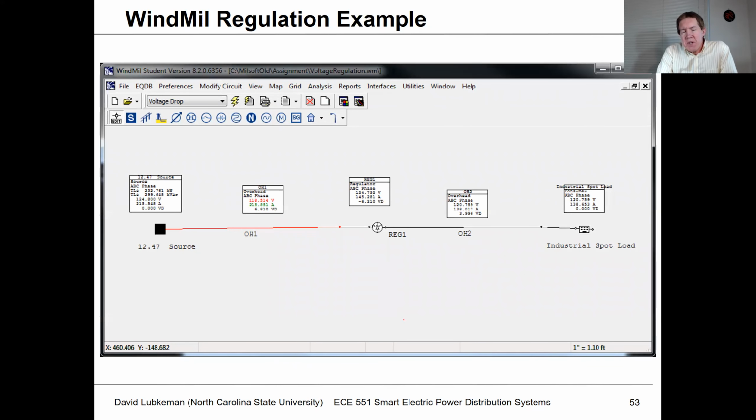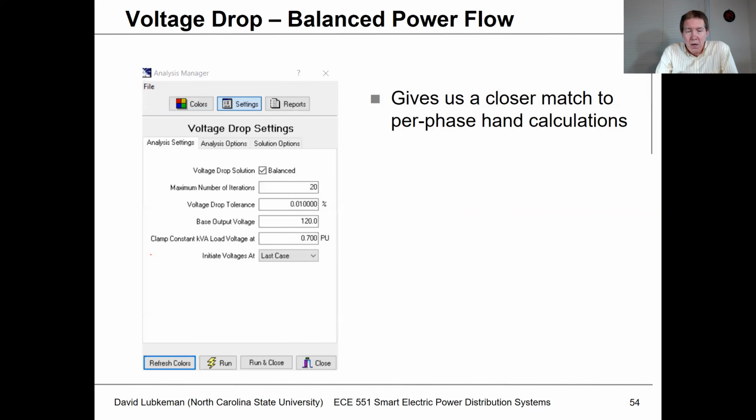Now, if you want to check this in Windmill, you can do all these calculations in Windmill as well. I basically set up the same type of circuit where I have the overhead and the two sections, and the regulator in the circuit, and the load model as well as the source. For the voltage drop calculations, I'm setting this up where the base voltage is going to be 120 volts instead of 7,200.